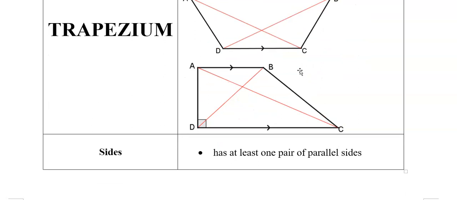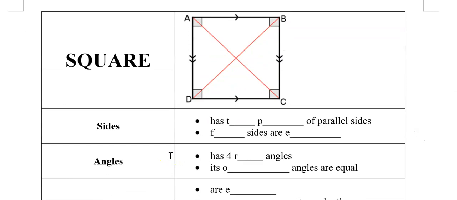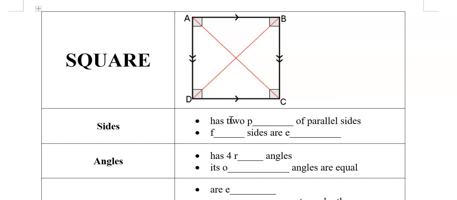Moving on to the next one, we have a square. One of the most commonly used figures and one of those that we first learned of since young. For a square, the sides have two pairs of parallel sides.